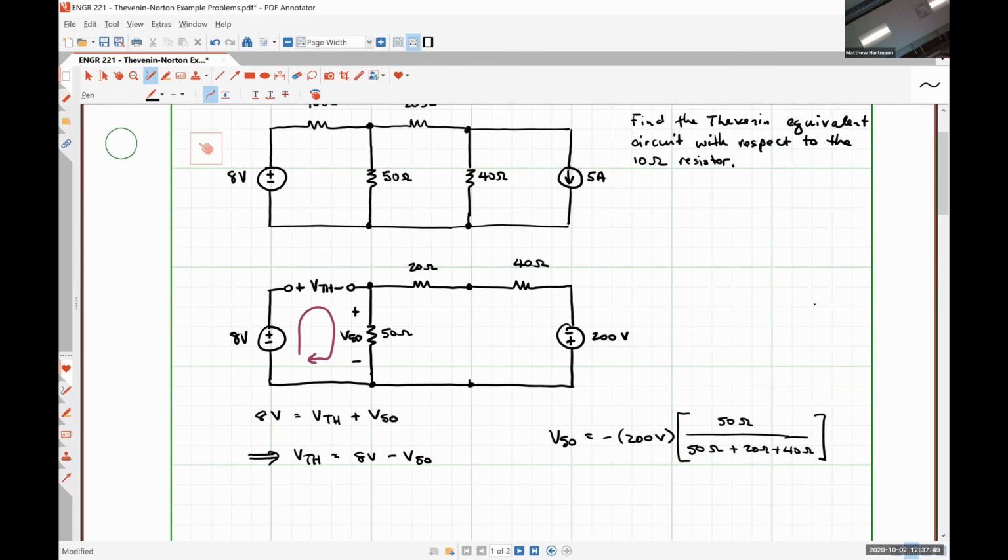So this is going to be negative 200 times 50 over 50 plus 20 plus 40, which is negative 1,000 over 11, or negative 90.909 volts. So from this, what's our Thevenin voltage?